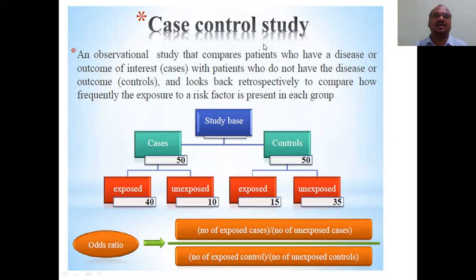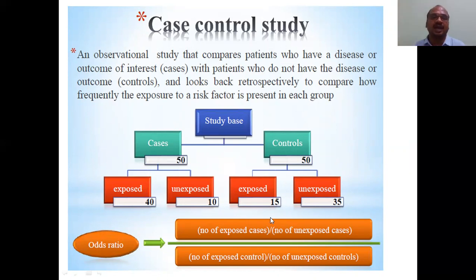See here in the study base: cases and controls. Here cases means smokers, and controls means non-smokers. They do not have a smoking habit, they say no to smoking. Controls, they are under control, whereas cases means case gone. They are the smokers.